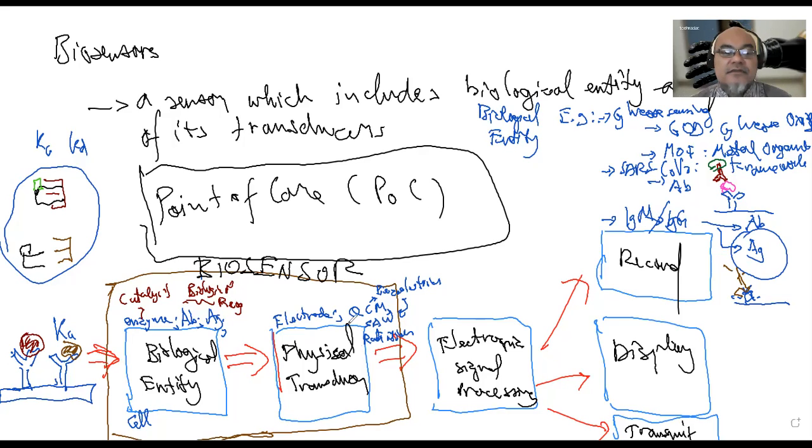We can also have tissue. This is also not yet common. Tissue, like organ on a chip, which was presented maybe last week by one of the groups. Tissue or organ on a chip can then be used as a drug screening method.